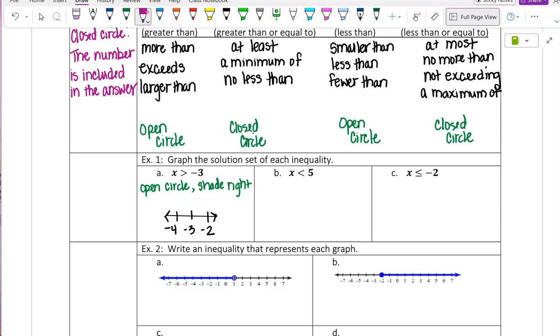So open circle at -3, that means I'm going to draw an open circle to show, hey, do not include -3 in your answer. And I'm going to shade it to the right because every number to the right is also a solution.